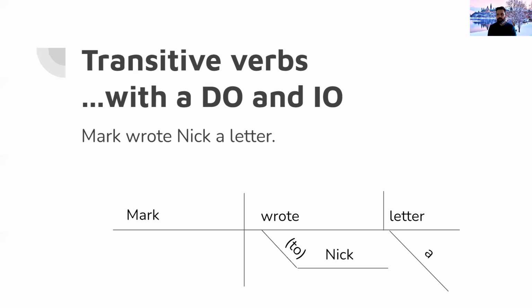But then we've got who the letter is for, it's to Nick. If "to" is part of the sentence, you can put it on the slant there and write it in. And then Nick is our noun. We'll put it on a parallel line to the main sentence. If it's just "Mark wrote Nick a letter," you could put the "to" in parentheses, or you could just drop it off and it's implied that there's a "to" there.